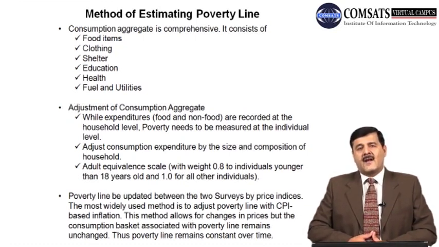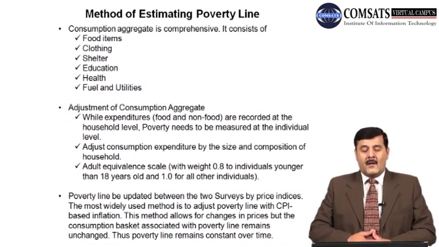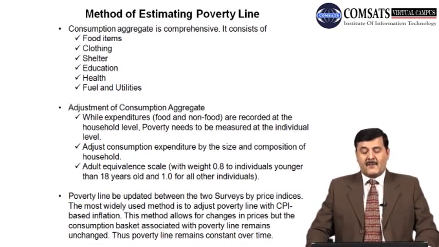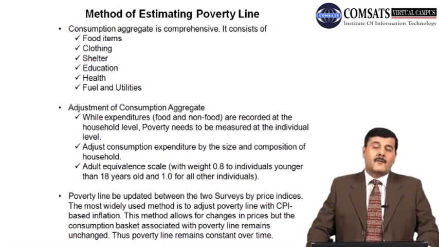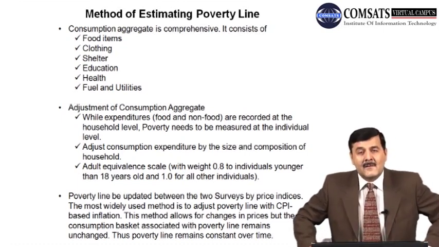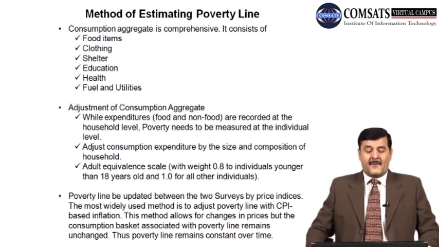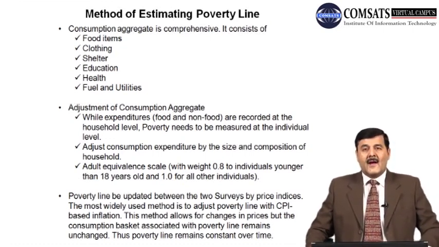Consumption expenditure is adjusted by the size and composition of the household. Similarly, an adult equivalent scale is used, with a weight of 0.8 for individuals younger than 18 years old, and 1 for all other individuals.